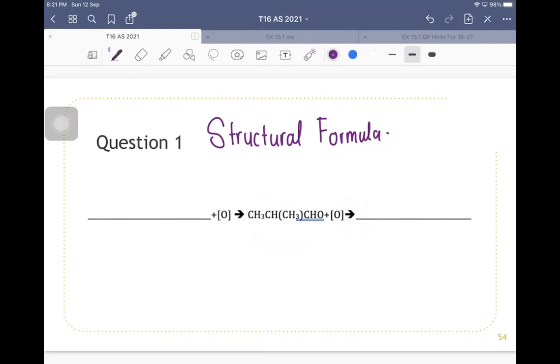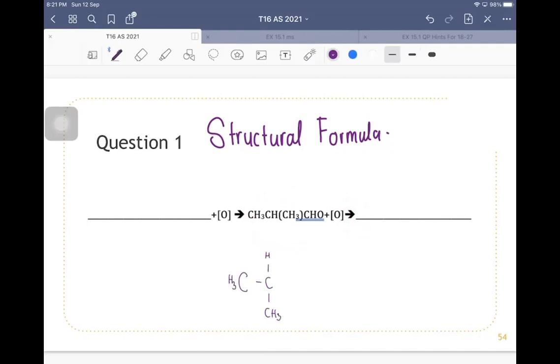I would want you to start with drawing the structure of the given molecule. I know it's in structural formula, but let's face it, it's not easy to visualize things in a structural formula.